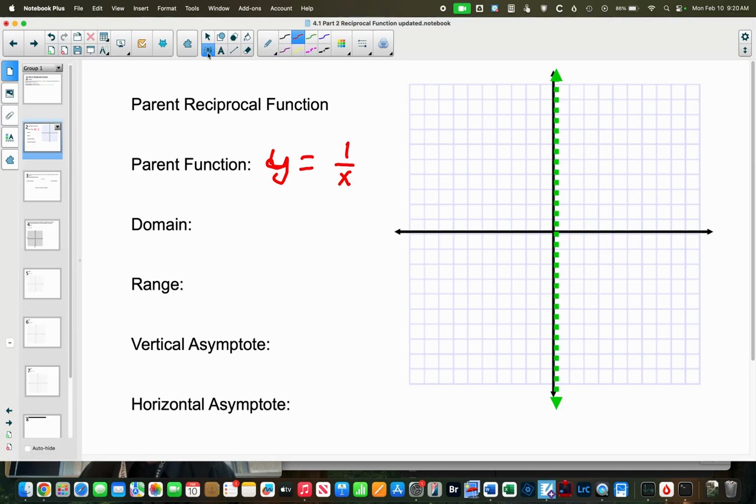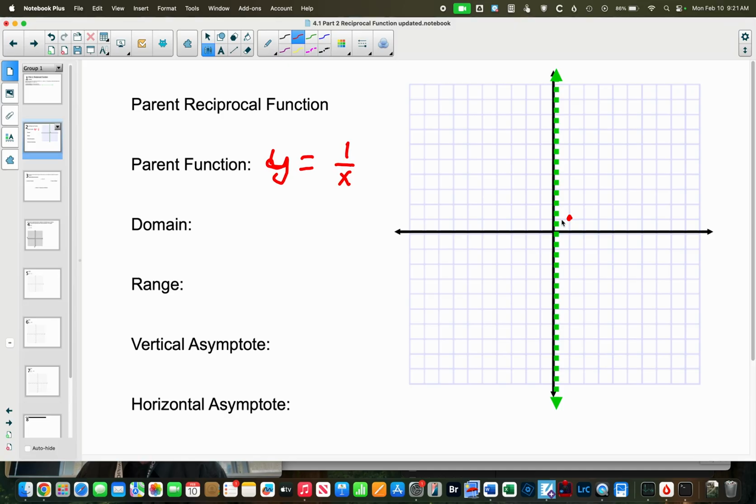If x is 1, 1 divided by 1 is 1. So then y would be 1 when x is 1. And then when x gets smaller than 1, y is going to increase.